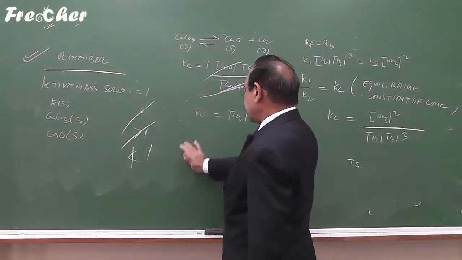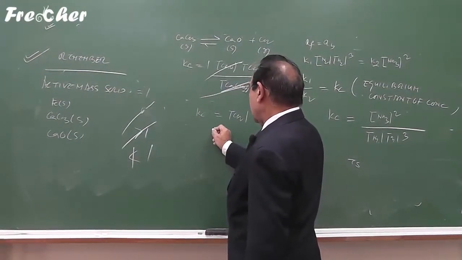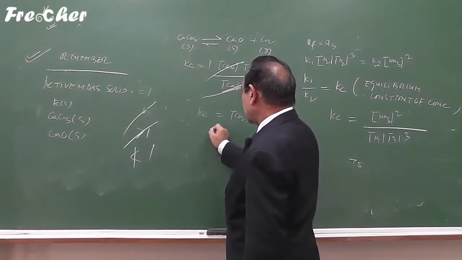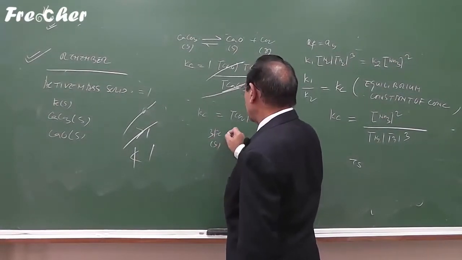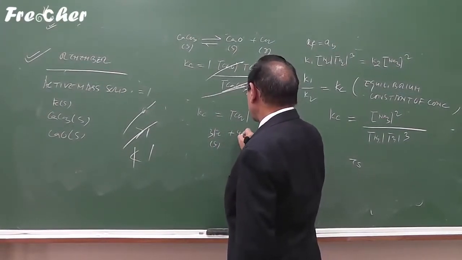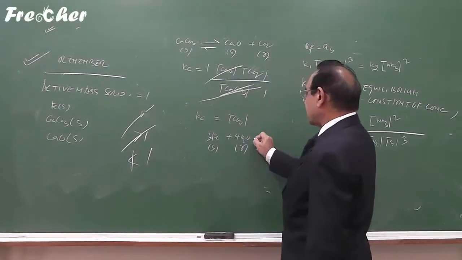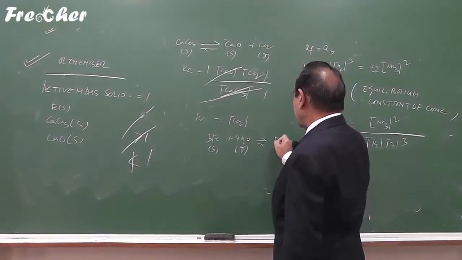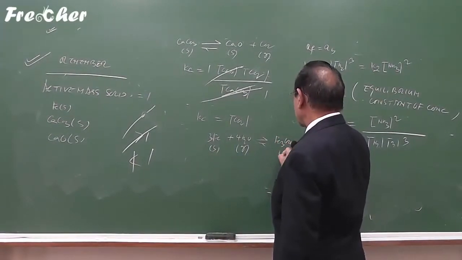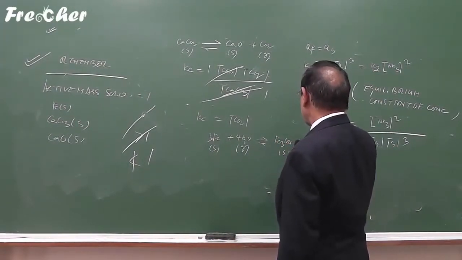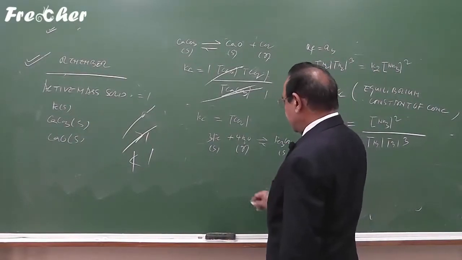You have to write the expression for a reaction: 3Fe solid plus 4H2O gas, reversibly Fe3O4 solid and 4H2 gas. You are asked to write the expression of Kc for this.